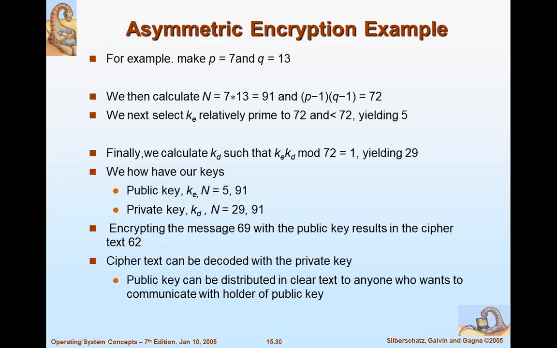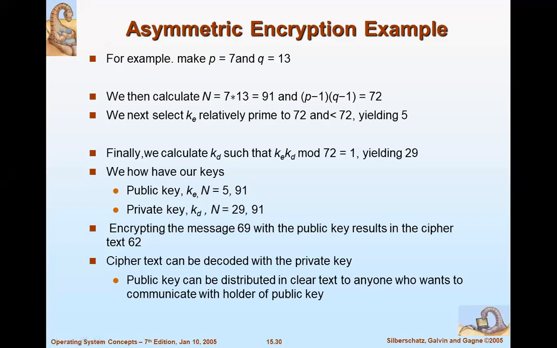On the other side, we have the private key, where KD is used, key for decryption, and it is 29. And similarly, we have the same number, 91, and it's given over here.